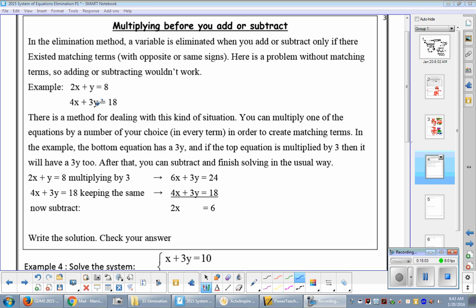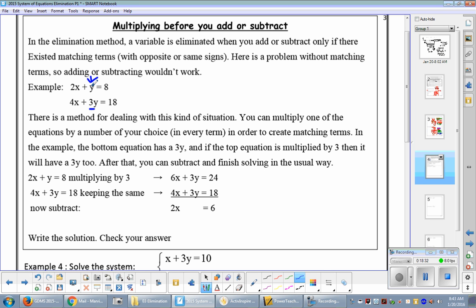In this example, I decided to eliminate my y, but we can also eliminate our x if we want to. So if I have 3y on my first equation, then we will produce equations that have the same y terms.